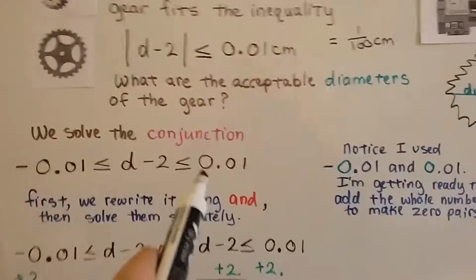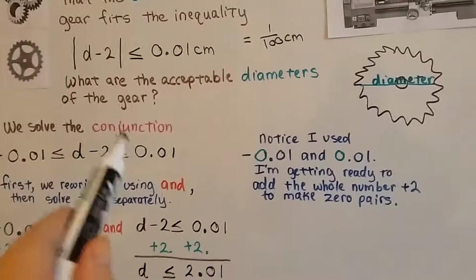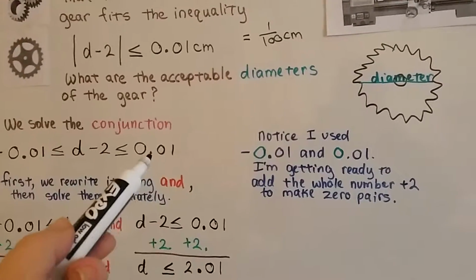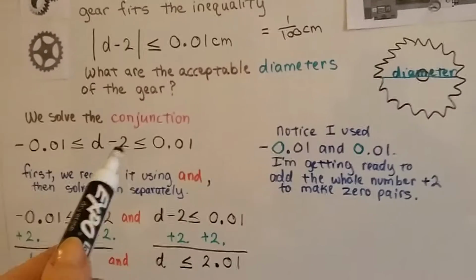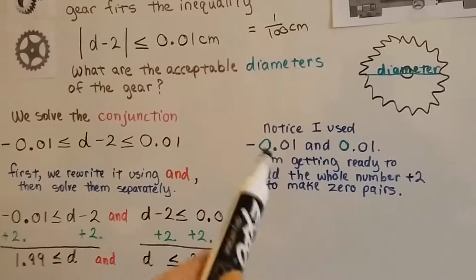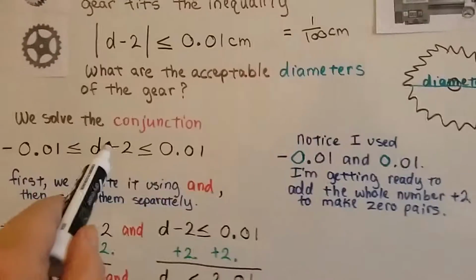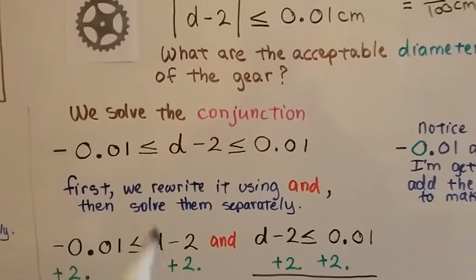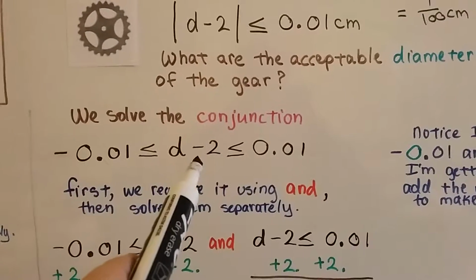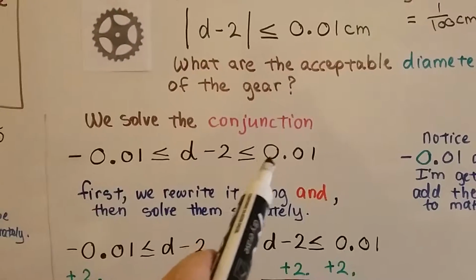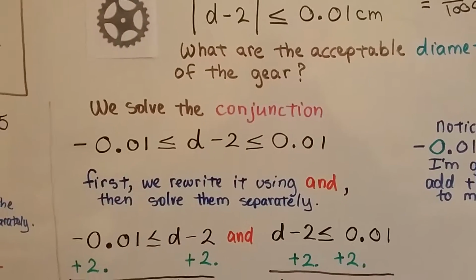Now notice I put a 0 in front of here. Now I don't normally do that. I would have just put .01. But in this one, I put 0.01 because I'm getting ready to add that whole number 2 to make 0 pairs. I saw this minus 2 and said, okay, I'm going to have to make a 0 pair. So I'm going to put the whole number place value here so that I can do that, okay?